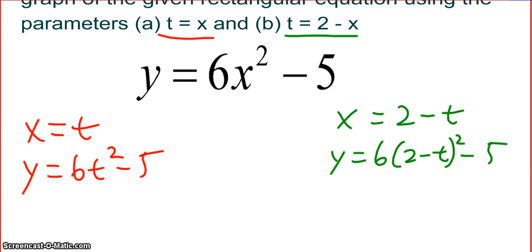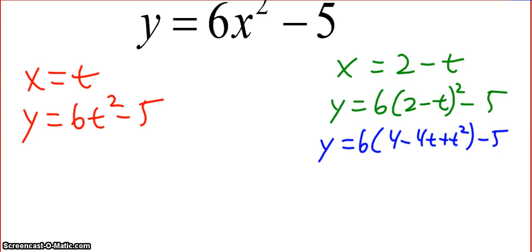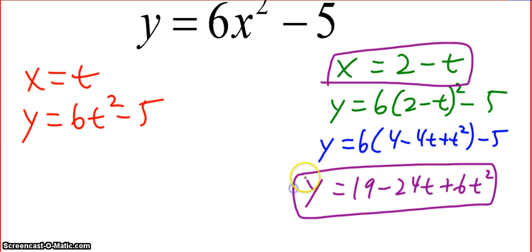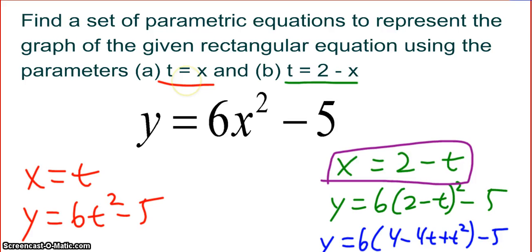So if we multiply this out and simplify, we get y equals 6 times (4 minus 4t plus t squared) minus 5, which leads us to y equals 19 minus 24t plus 6t squared. So those are our parametric equations. So going from rectangular to parametric, you have to be given some relationship between one of the variables and the parameter, and then you just do that substitution.